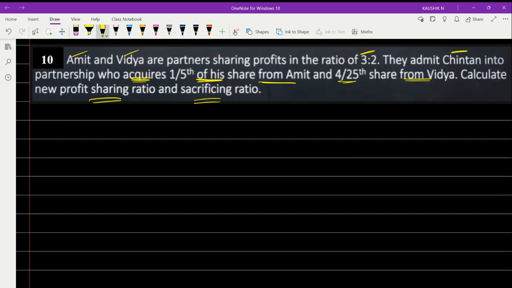Both are surrender case. Okay, so one, Vidya, is an acquired case and Amit is a surrender case. Got the concept?